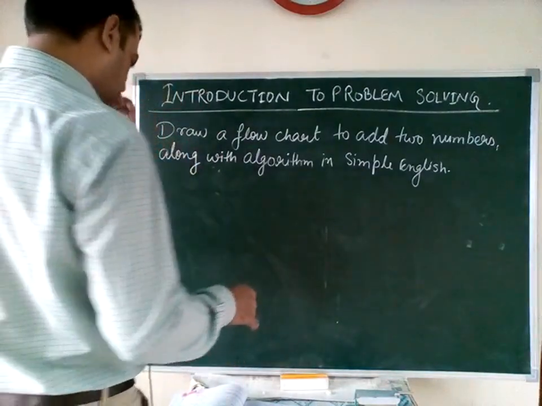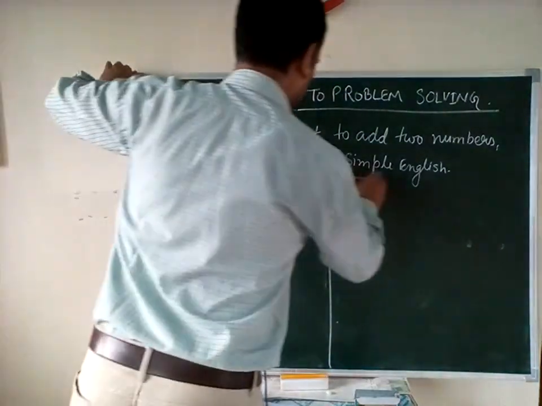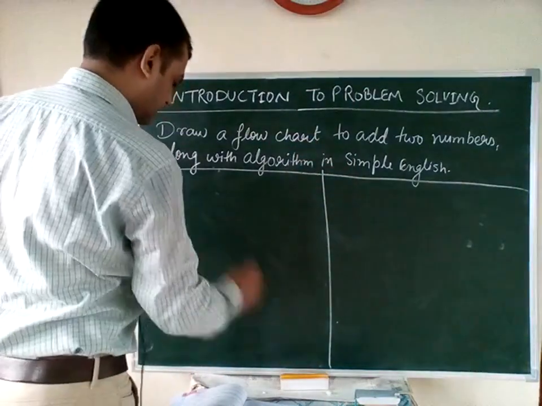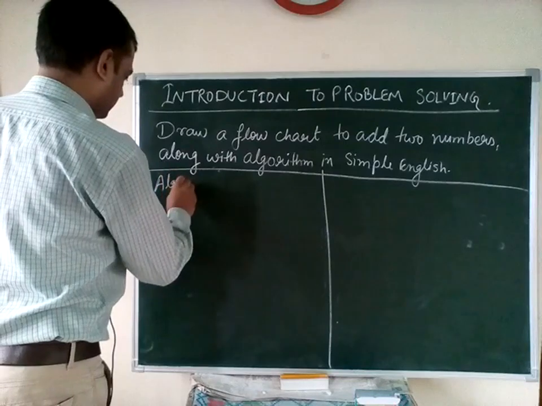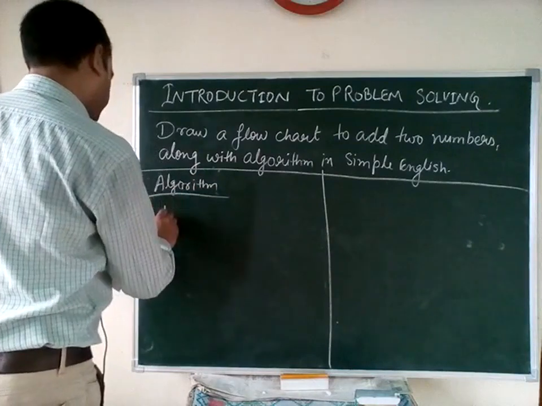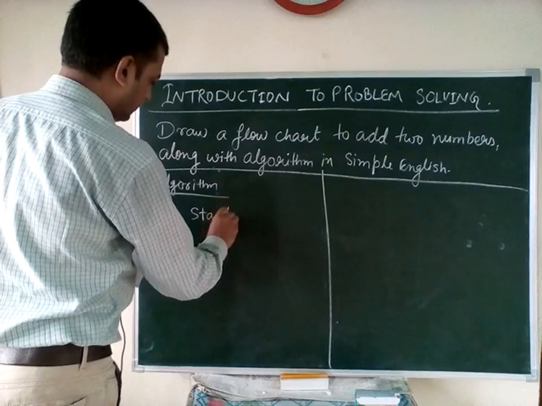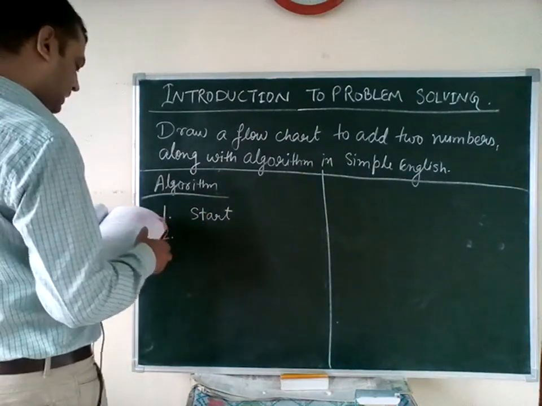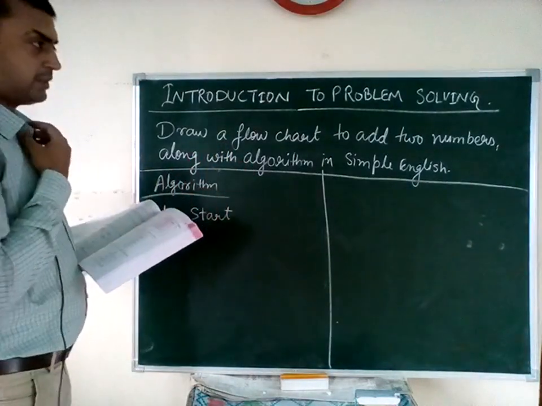So in this what we can do, in the half part I will write the algorithm, and in the other half part I will draw the diagram. So you can see here, this is algorithm. Now number one, what I am thinking, first I will start the program, then second, get two numbers n1 and n2, means I am not having any number, it is not fixed.